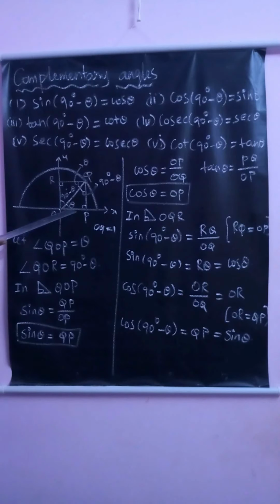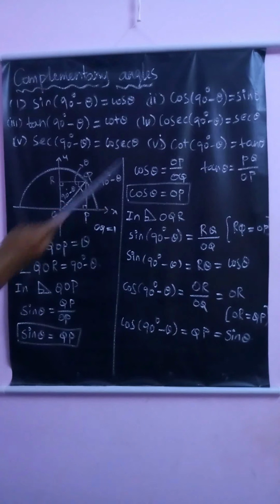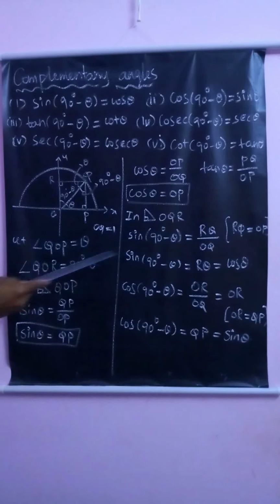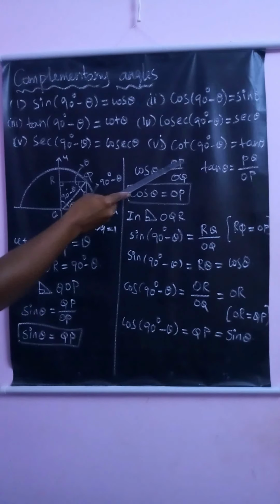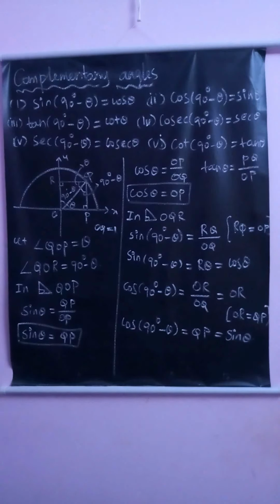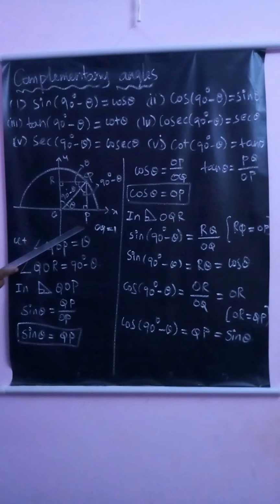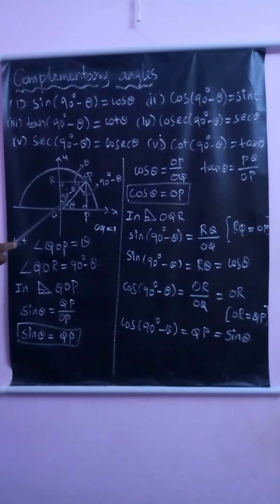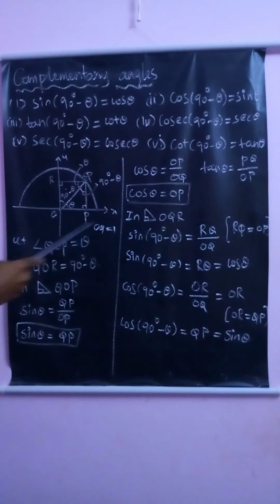The adjacent side is OP, divided by the hypotenuse OQ, which is 1 unit, so OP divided by 1 is OP. So cos theta is equal to OP. Next, tan theta equals opposite side divided by adjacent side, which is QP divided by OP.